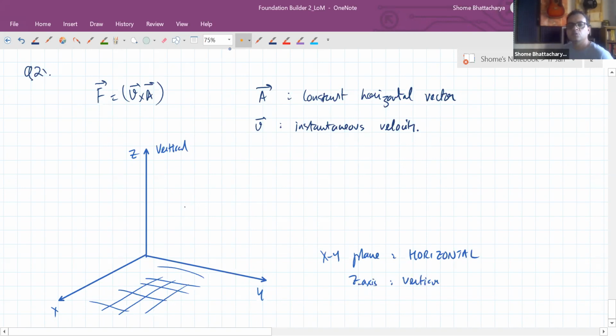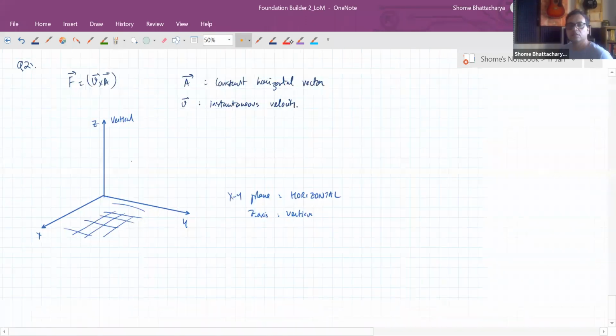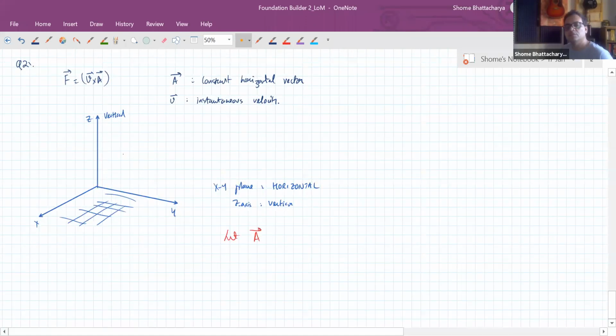So this XY plane is the horizontal plane. Okay, and Z axis is therefore vertical. Now supposing, just assume that my vector A, which is a constant vector in the horizontal plane, is A i cap. Okay. So my vector A looks like this now.